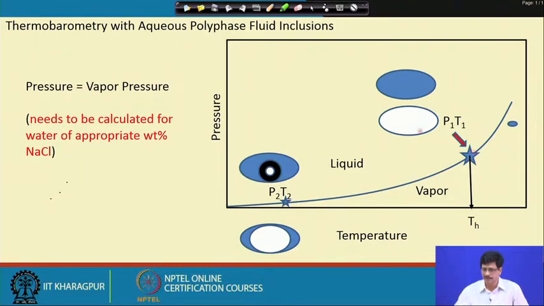Now, what could the condition necessarily be? As we know, this is the boiling curve where there is coexistence of liquid and vapor. This is the critical point here, and this dot is below that.